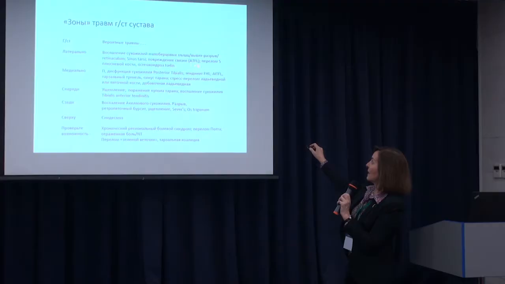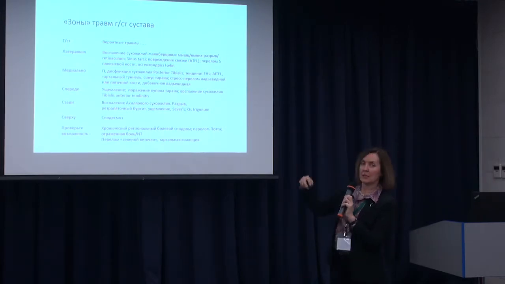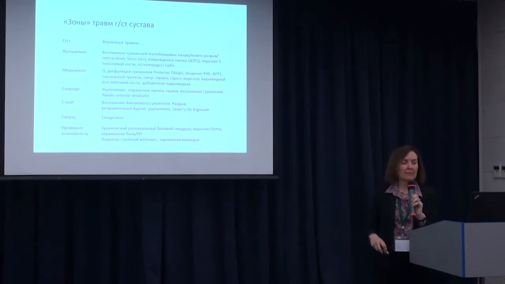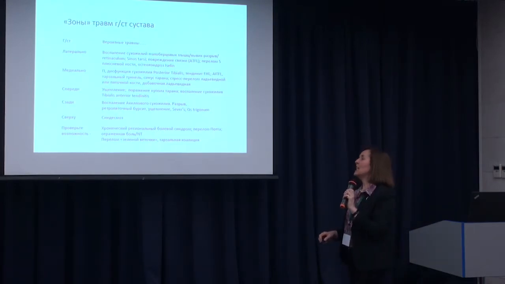But in adults, by far the most common structure injured on the lateral side of the ankle is the anterior talofibular ligament.